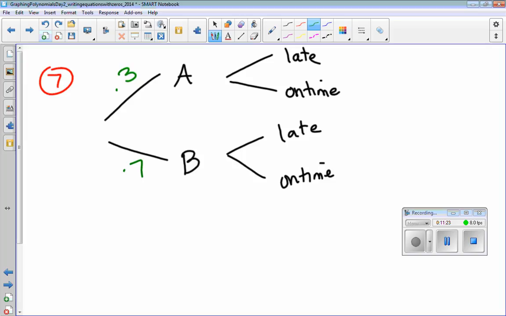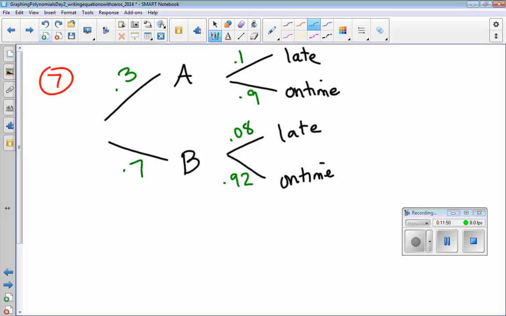It says service A fails to meet the deadline 10% of the time. So they're late 10% of the time, failing to meet the deadline. Which means they're on time 90%. It says service B fails 8% of the time. So they're late 8%, not 80, sorry, 0.08, which means 0.92 here. Agree with me so far?